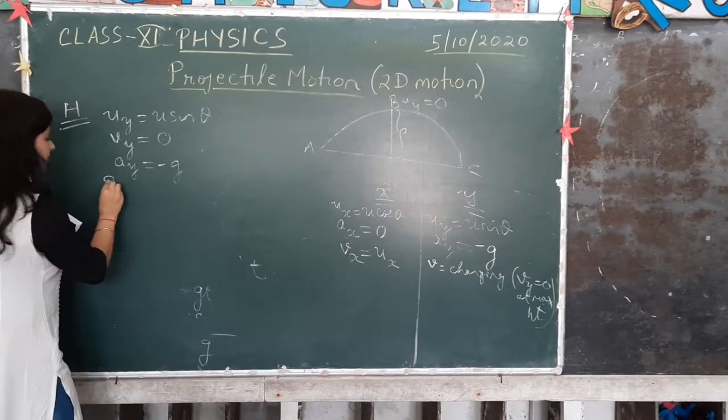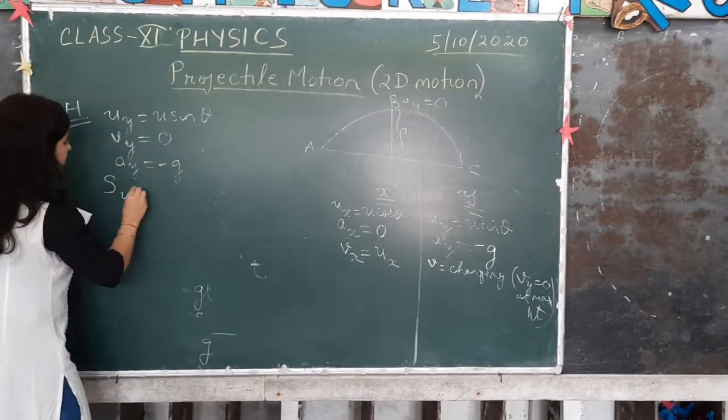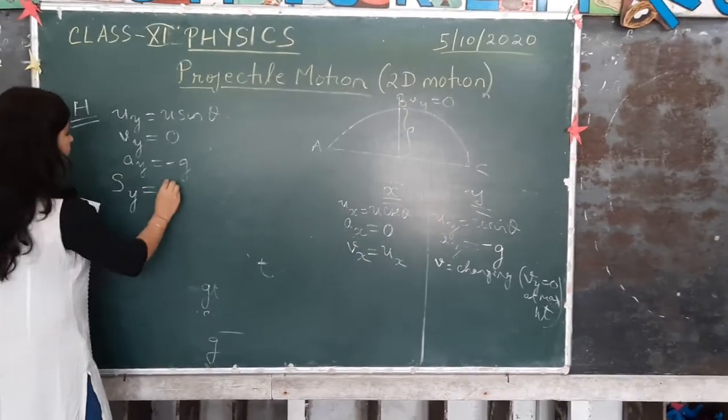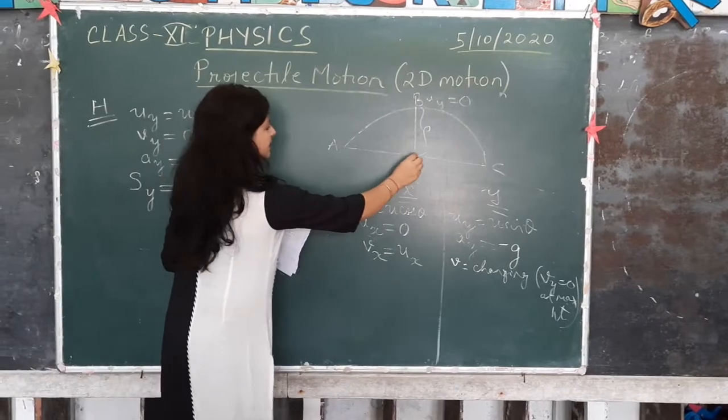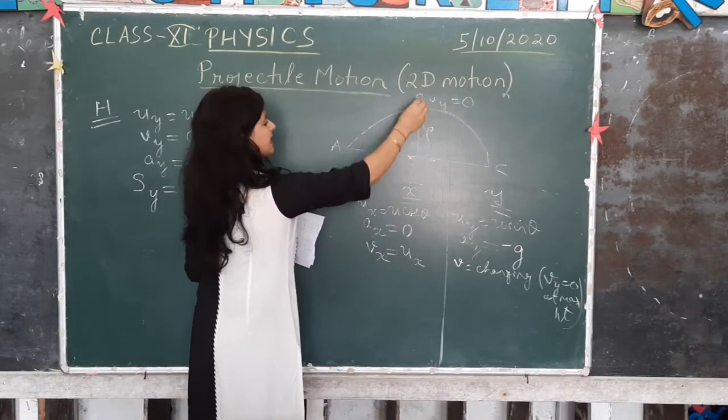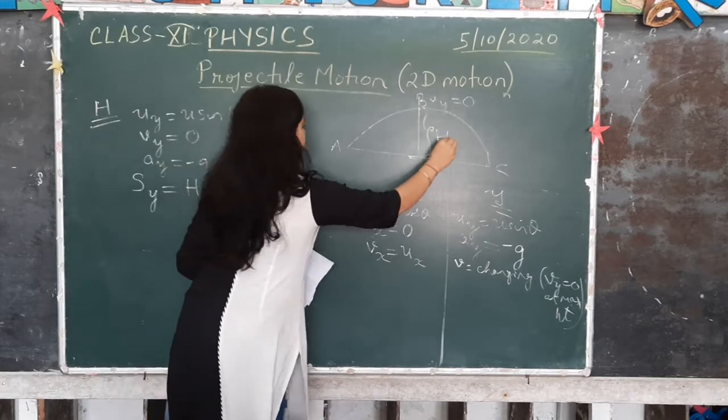And displacement along the y direction, let it be sy, is equal to h, because displacement is the distance between the initial reference position and the maximum position, that is equal to h.